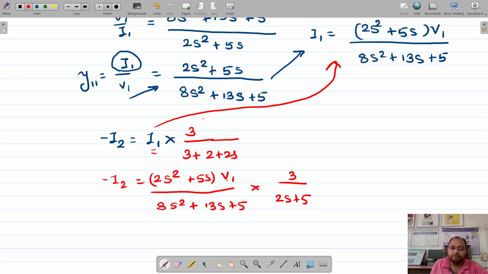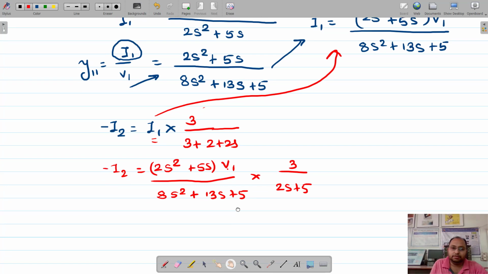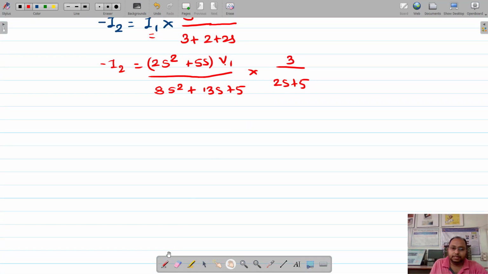And this is multiplied by V1, right? So let us transfer this V1 to the left hand side. Therefore minus I2 divided by V1. Now instead of writing minus over here, let us transfer that to the right hand side, and now let us take common s from that, so that we can cancel out this 2s plus 5 with the denominator 2s plus 5.